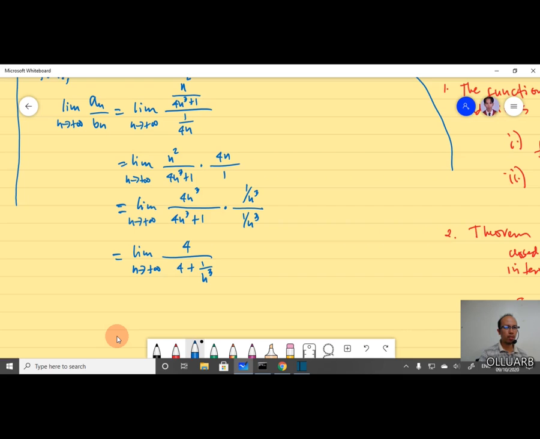Am I right? So the limit is 4 over 4 plus 0, or this is equal to 1.